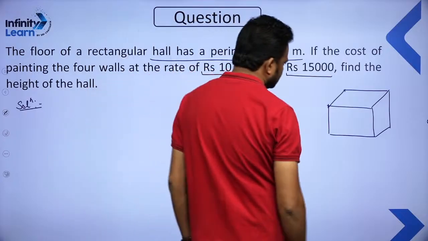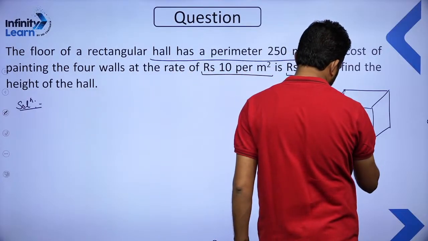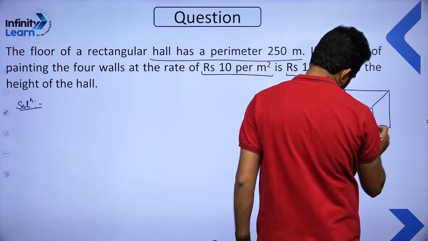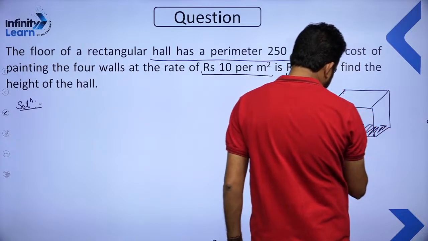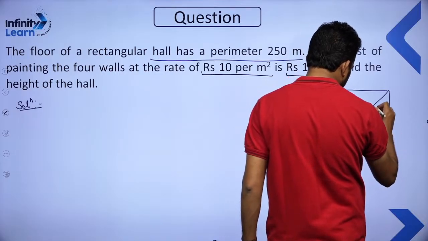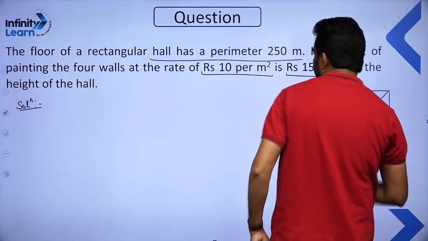So let us assume this is L, this is B, and this is H, right?